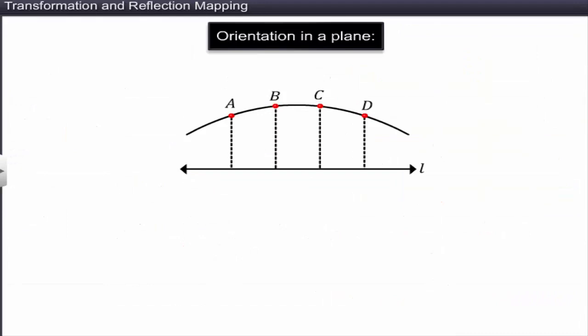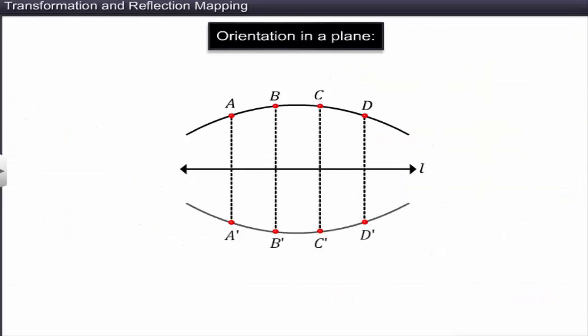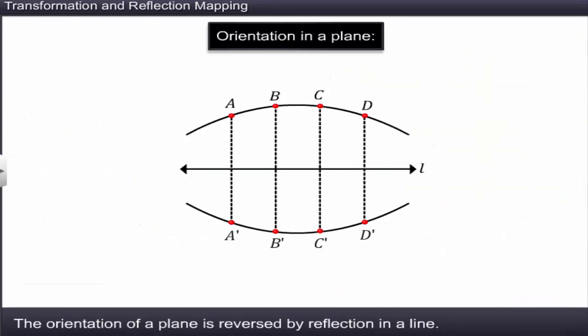The reflections of points A, B, C, and D in line L are A', B', C', and D' respectively. Observe that the reflections of the 4 given points lie in the anti-clockwise direction. Thus we can conclude that the orientation of a plane is reversed by reflection in a line.